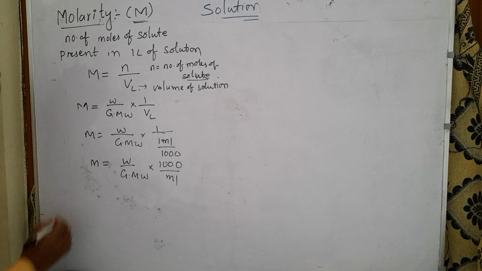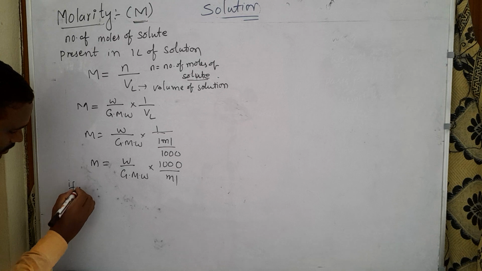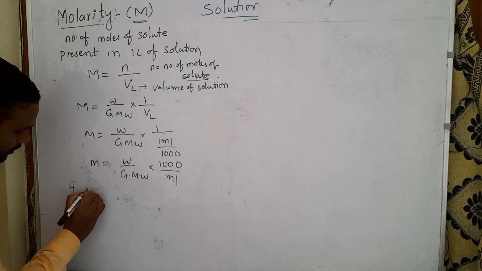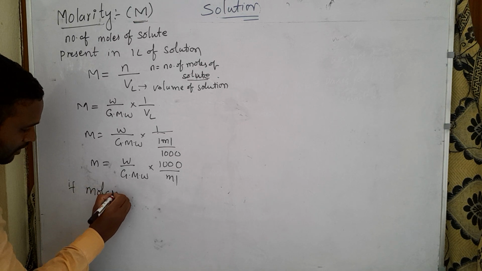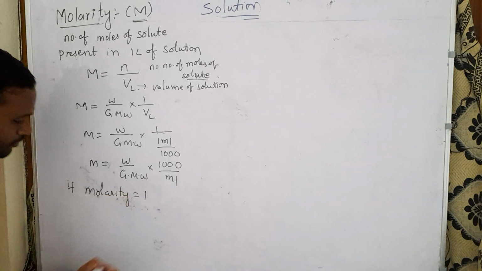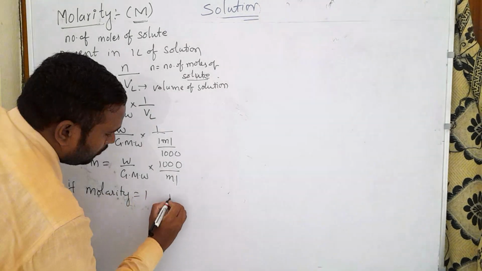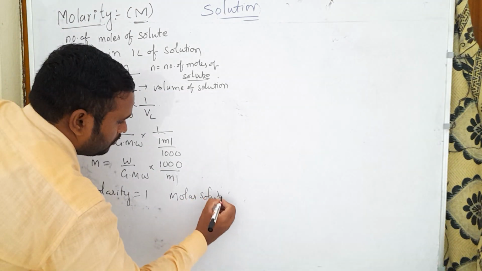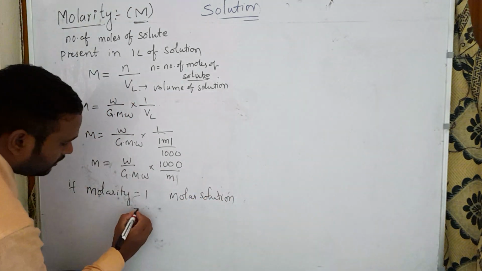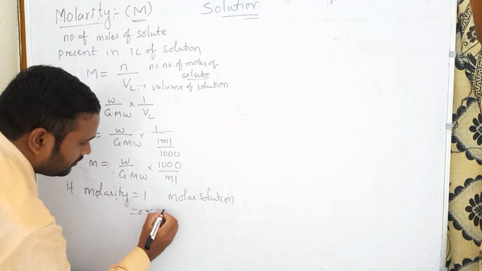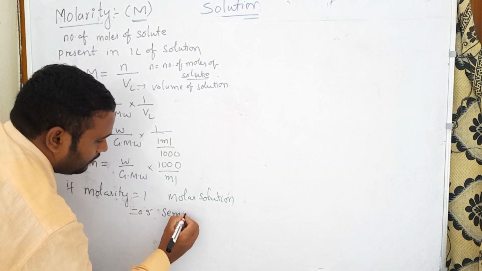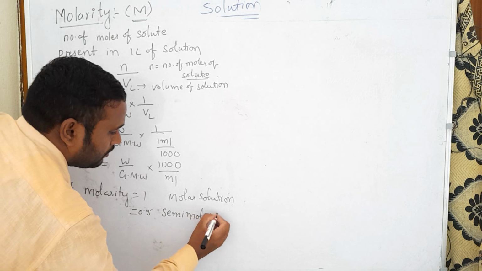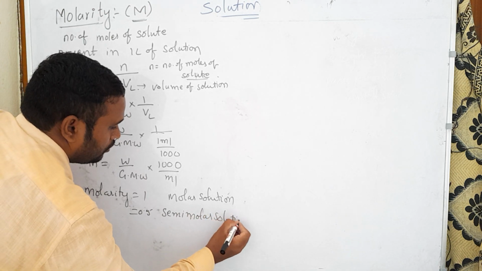If molarity is 1, that is called a molar solution. If molarity is 0.5, that is a semimolar solution.